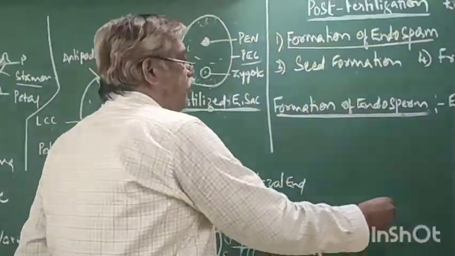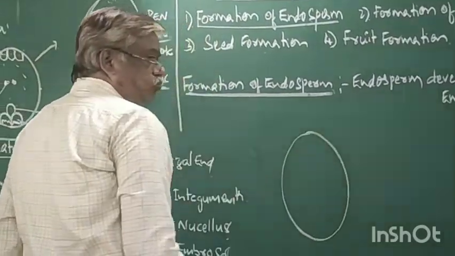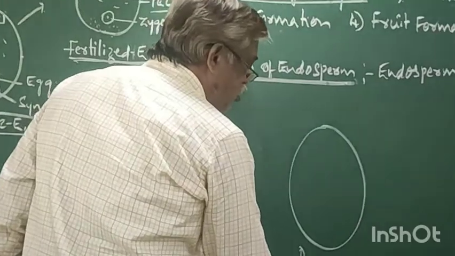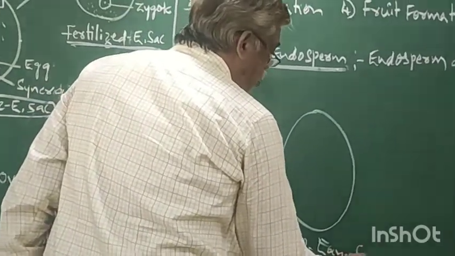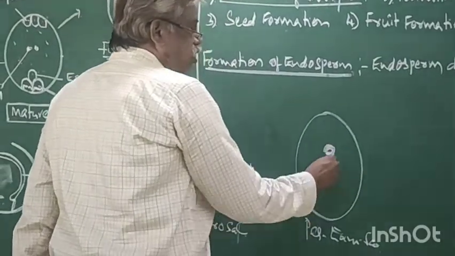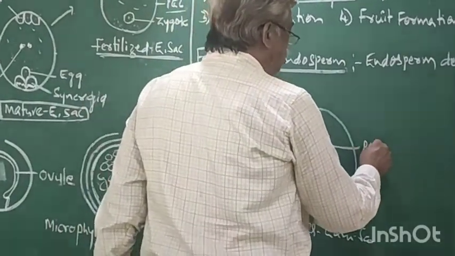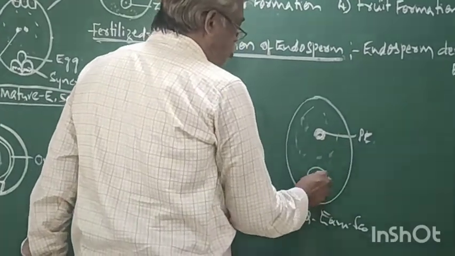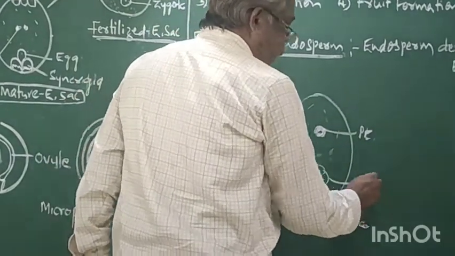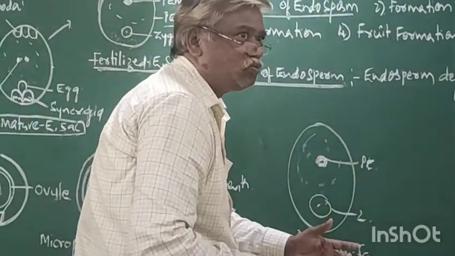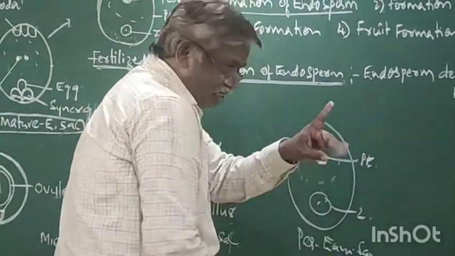Now see, it is a fertilized embryo sac. What is it? It is only a nucleus, the sperm. All these are cytoplasm. Now what is it? Zygote. This zygote undergoes division. Zygote is a single cell.